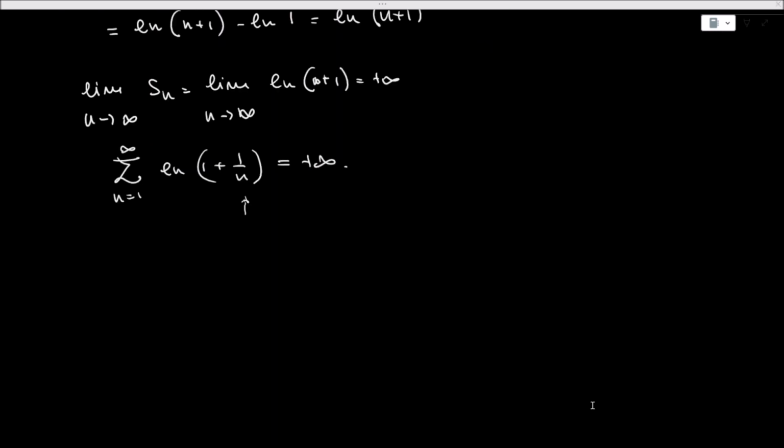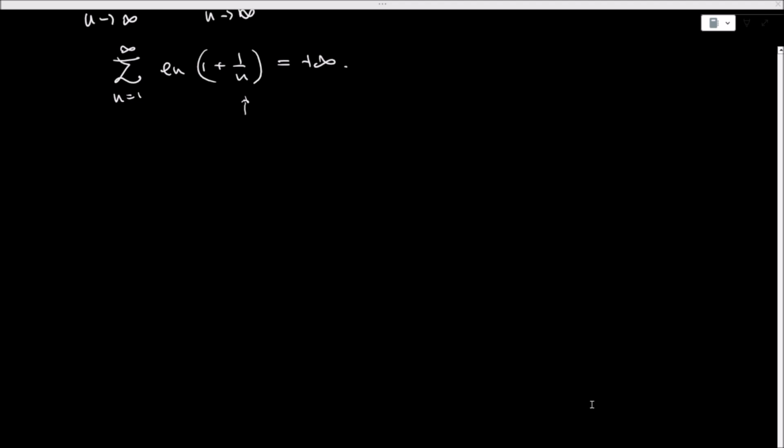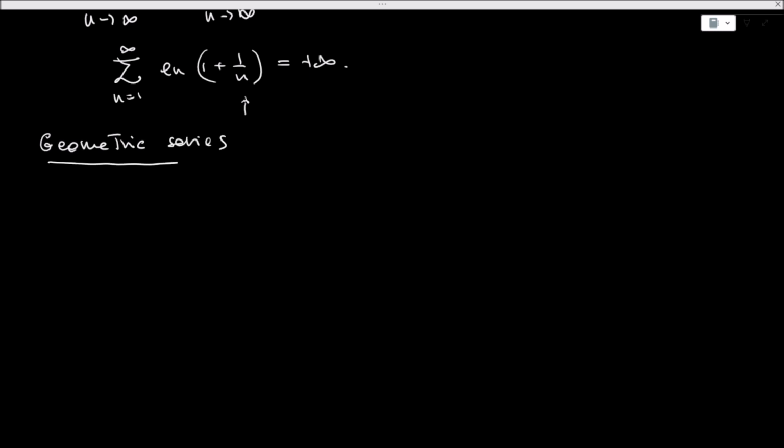Another very important class of series is the class of geometric series, which are series of the form sum n goes from 0 to infinity of a to the n, which is a to the 0 plus a to the 1 plus a to the 2 plus dot dot dot.